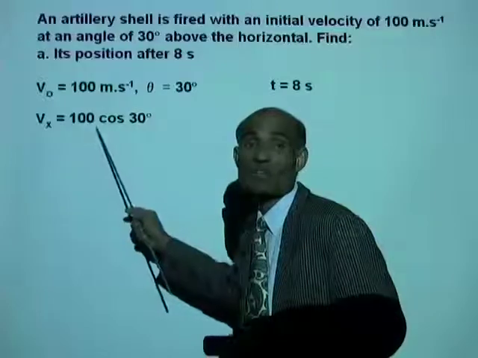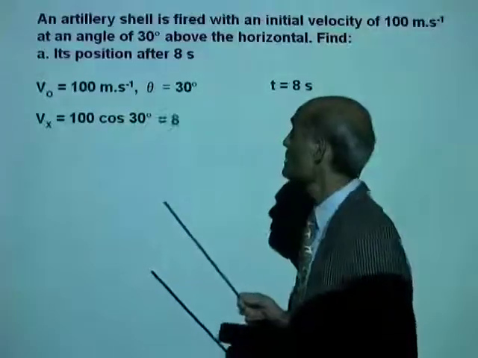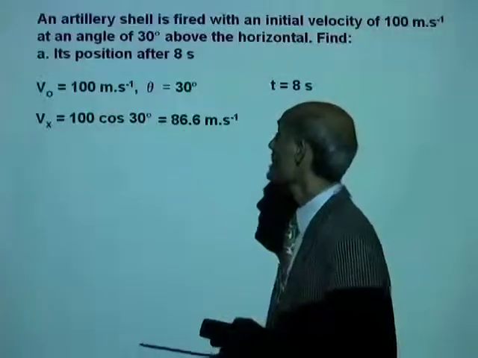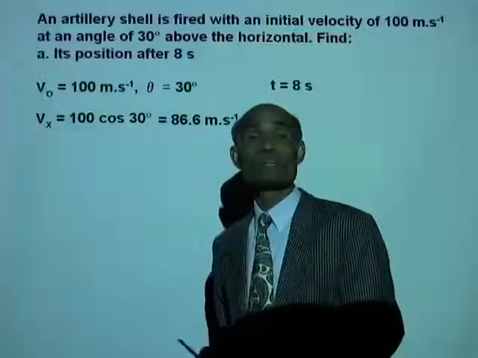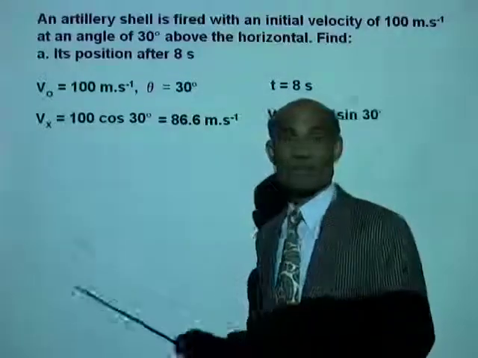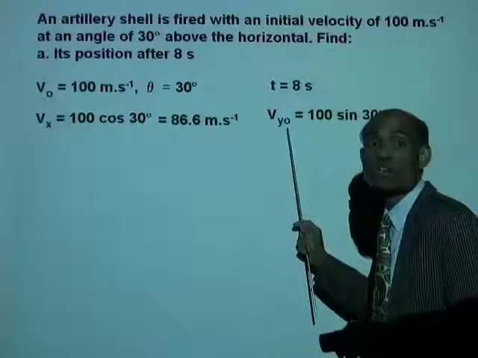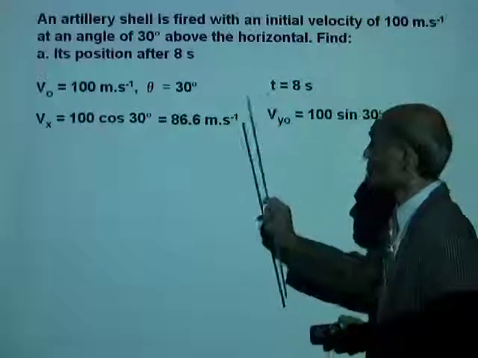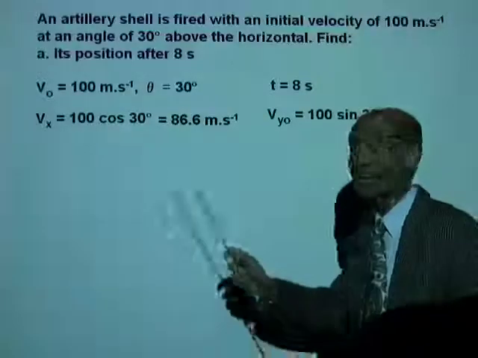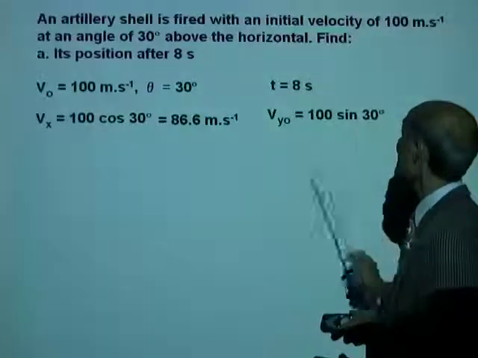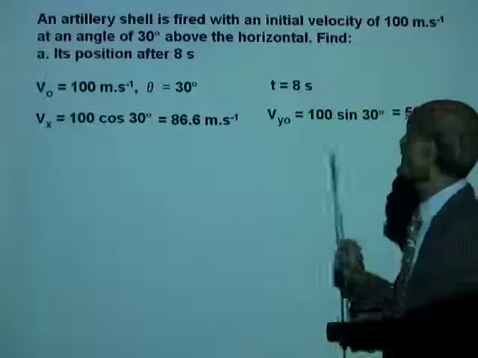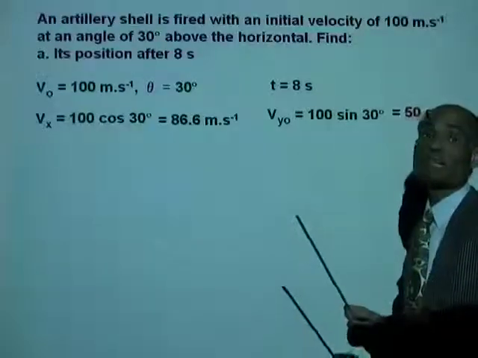Vx equals 100 cos 30 degrees, which is 86.6 meters per second. Vy0, the initial vertical velocity, is v0 sin theta, 100 sin 30 degrees, and that is 50 meters per second.